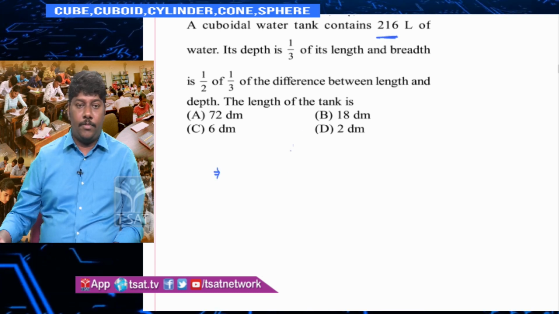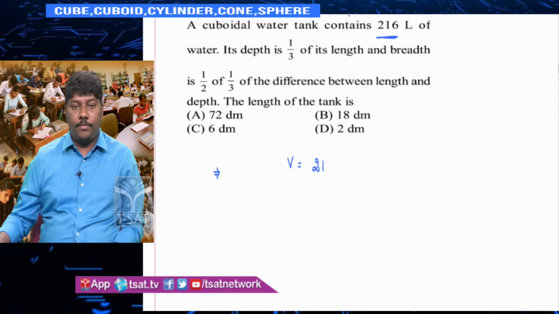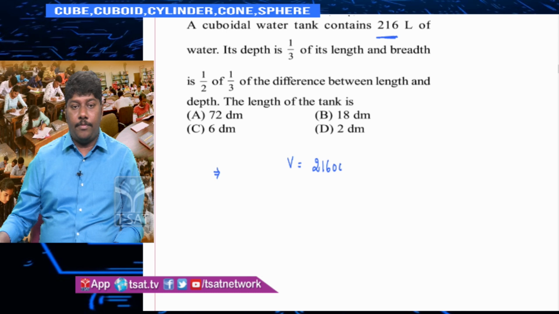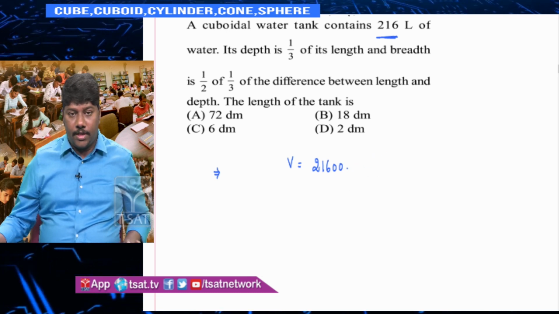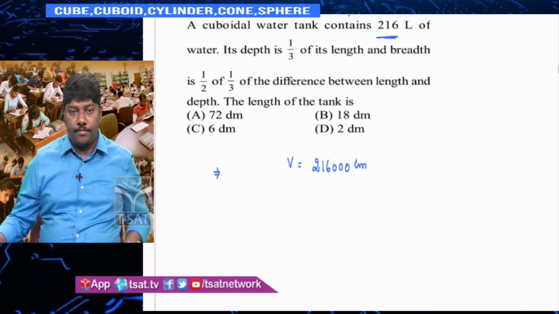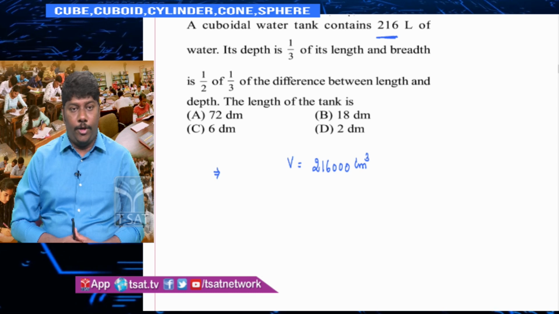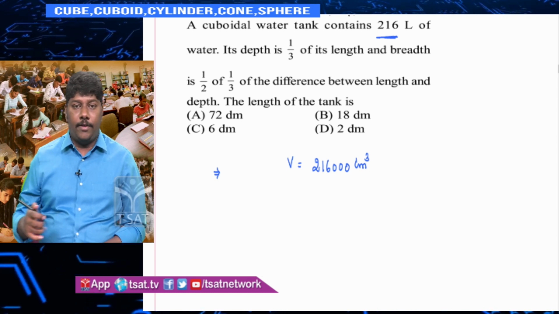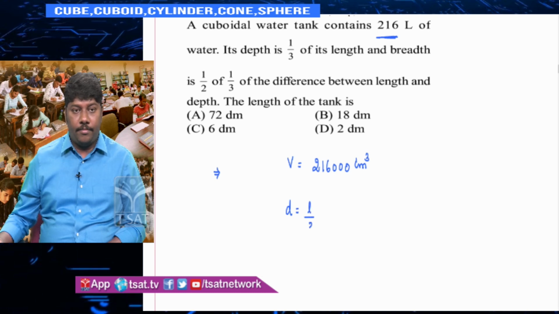Keep the volume. Volume in liters given, convert it into centimeters. 1 liter is 1000 centimeter cube. So 216,000, this is volume. Its depth is 1/3 of the length, length by 3.